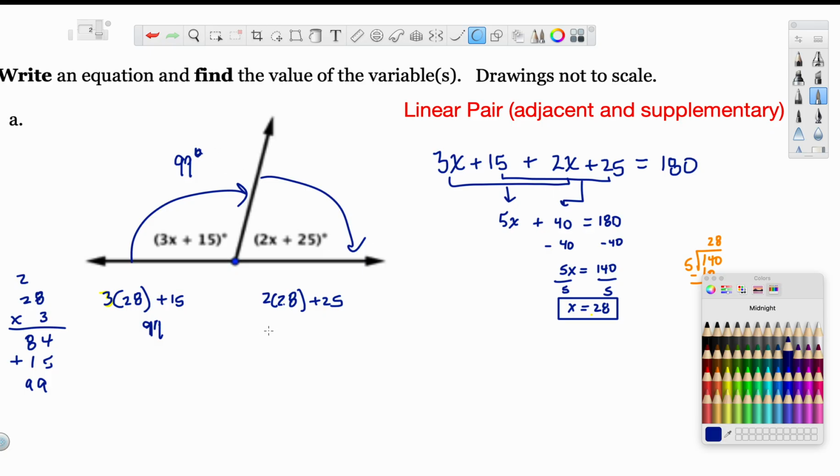And then this one, 2 times 28 is 56, and we're going to add 25 to that. It's 81. And 99 plus 81 equals 180.